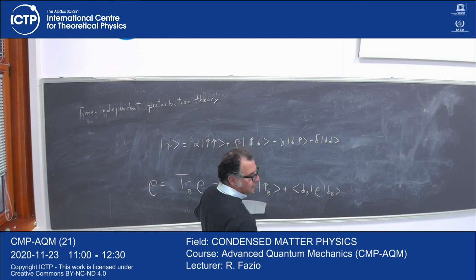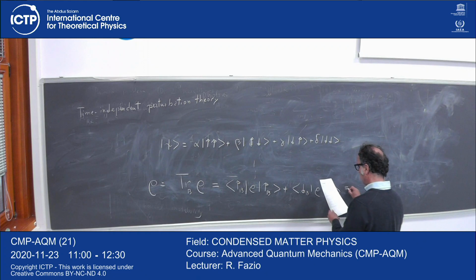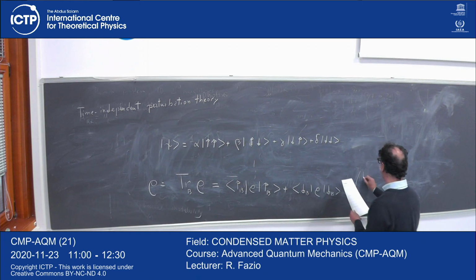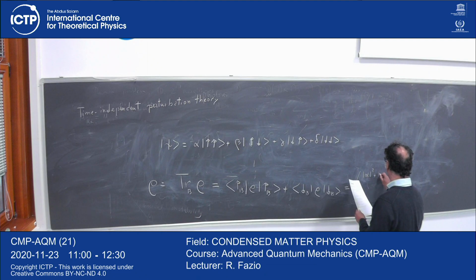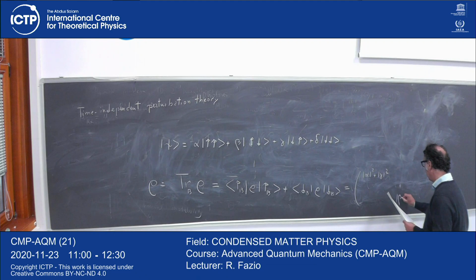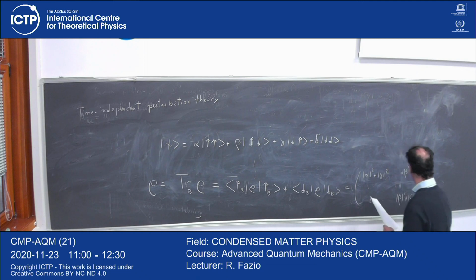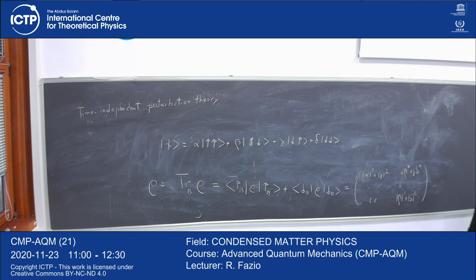Then you just have to make this scalar product, and what you get is something like this: alpha square plus gamma square, beta squared plus delta squared, and alpha beta star plus gamma delta star, and here there is a complex conjugate. Okay?